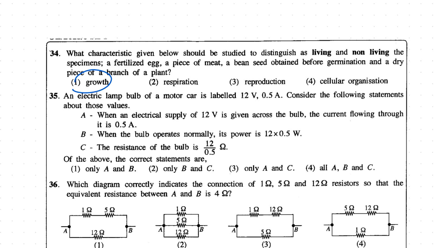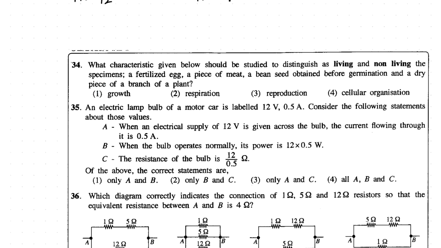If you take growth, there is going to be a problem, right? It's hard for us to say exactly, because a fertilized egg grows. A piece of meat doesn't grow. A bean seed before germination shows growth, but it is a very slow growth. A dry piece of a branch of a plant won't show any growth.